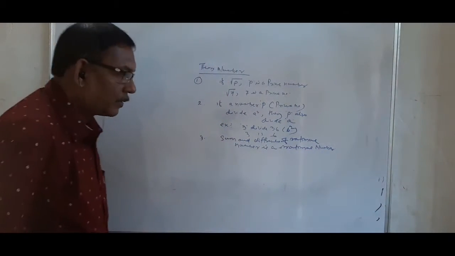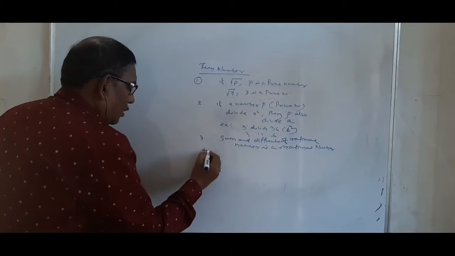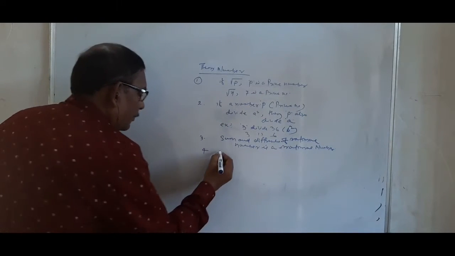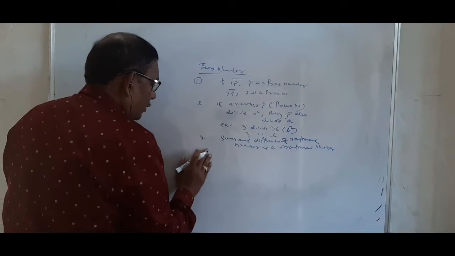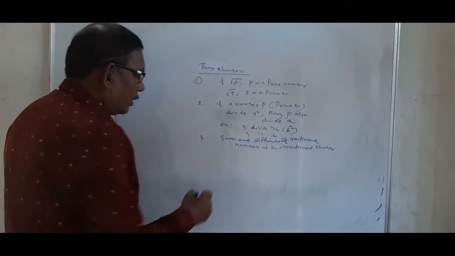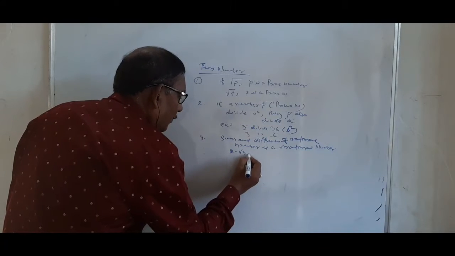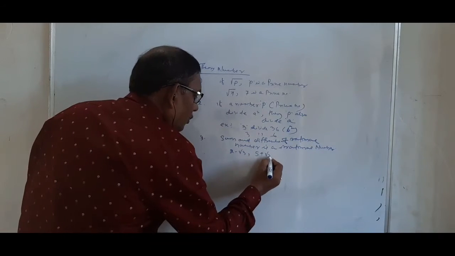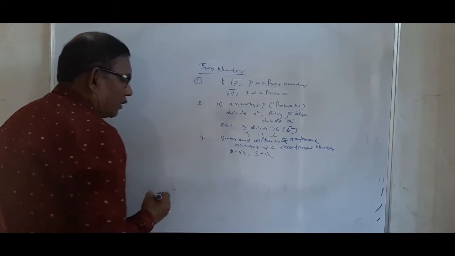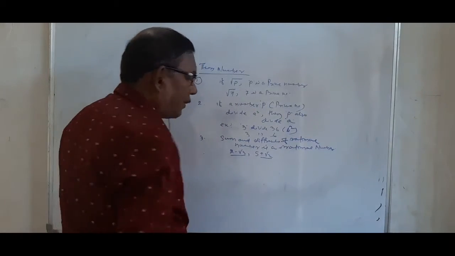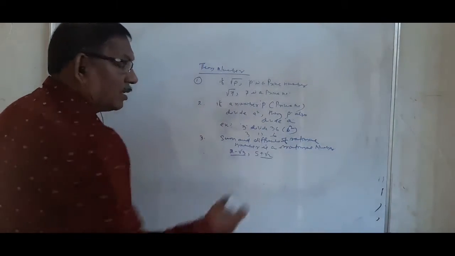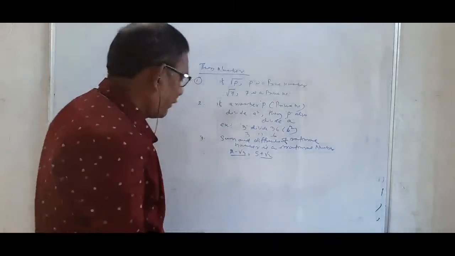Okay. Now number 4. Take one example of sum and difference, like 2 minus root 3, 5 plus root 2. This is an example of sum and difference. One is rational, the other is an irrational number.